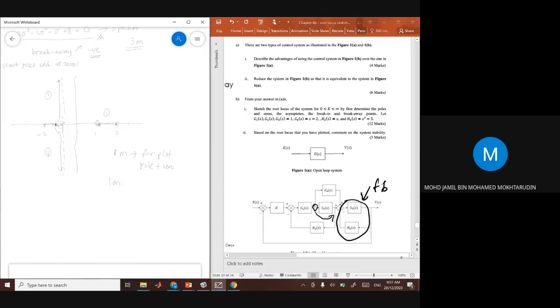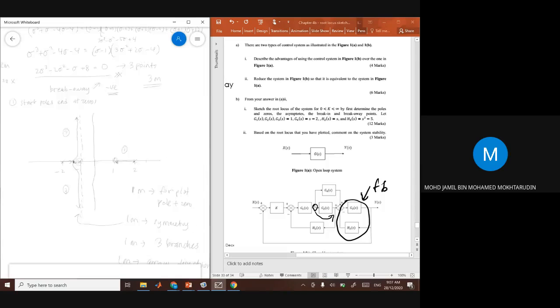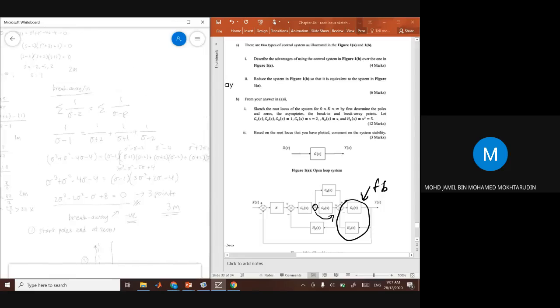And then 1 mark for symmetry. Okay, this is the symmetry. 1 mark for 3 branches. And 1 mark for arrow direction. Okay. So altogether 12 marks.